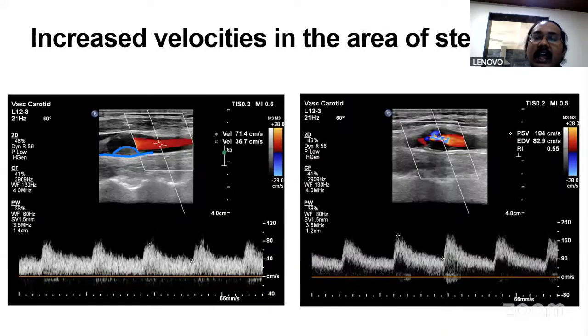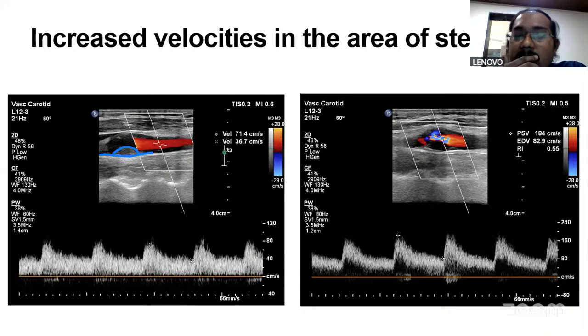And then I've taken the example of the carotid artery. In our center, we do carotid artery examination as well in any neurocritically ill patients. For the carotid artery, we've got some classical images where we can demonstrate how stenosis affects velocities.